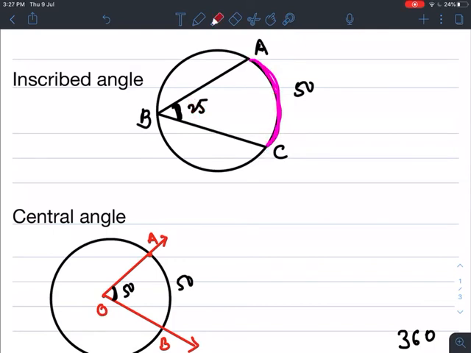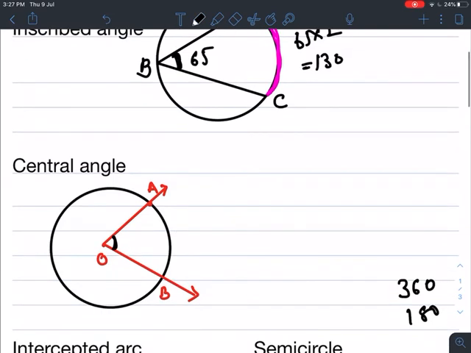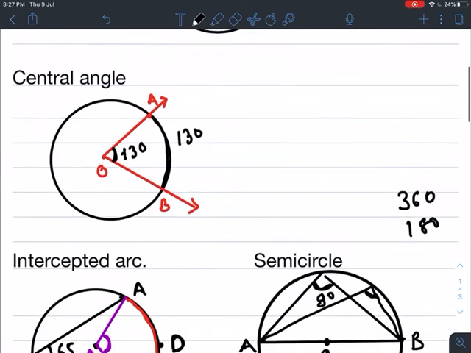Suppose this angle is 65, the measure of the intercepted arc will be double of it, means 65 into 2. So it will be 130. Now if the measure of angle AOB, central angle, is 130, then the measure of the intercepted arc is also 130.